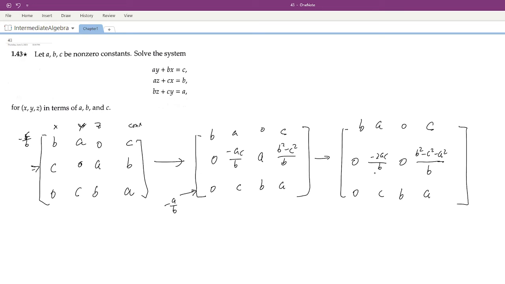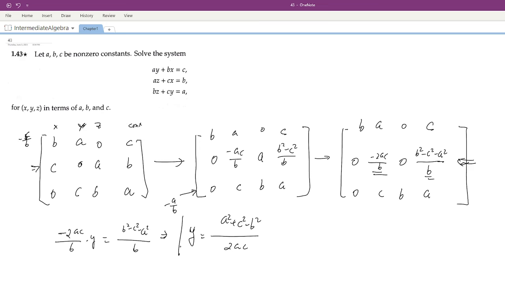Okay, so now you can see on the second row we only have the unknown y. So this 2AC over B times y is equal to the B square minus C square minus A square over B. So we can solve y is equal to the A square plus the C square minus the B square over 2AC. Okay, so now we solved y.